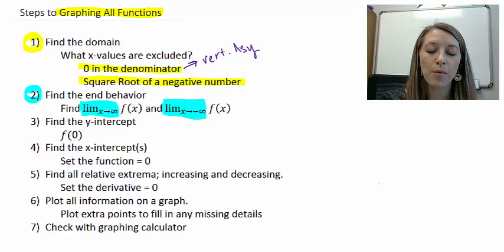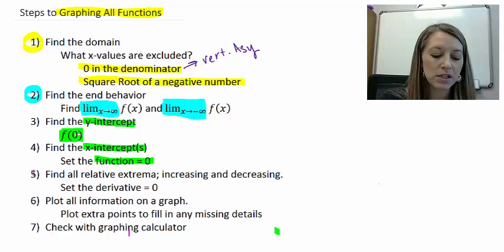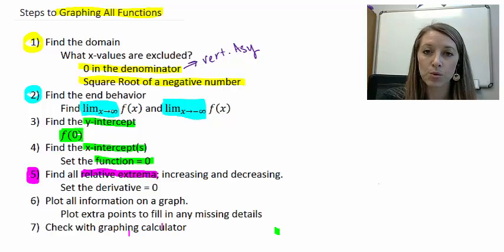We plot the same points that we did back in Chapter 1 with the college algebra information. Our y-intercepts by plugging 0 into the function, and our x-intercepts by setting our function equal to 0. And now, instead of just plotting points to fill in the missing details, we get to use information that we've just learned. We get to plot all maximums and minimums, and in between those maximums and minimums, we need to show where our graph is increasing and decreasing.